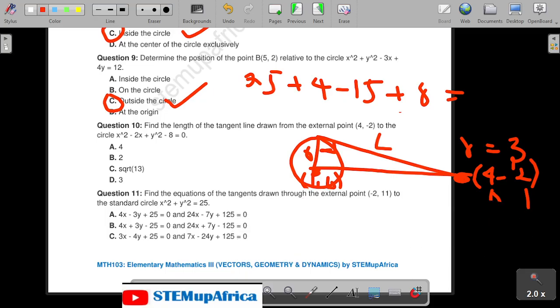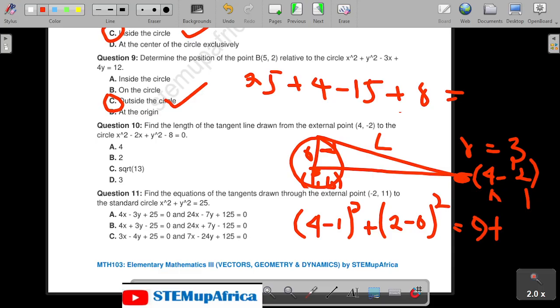So I'm having 4 minus 1 squared, then 2 minus 0 squared, which is 9 plus 4. That will give me 13. Okay, so what is now the radius? The radius is 3.